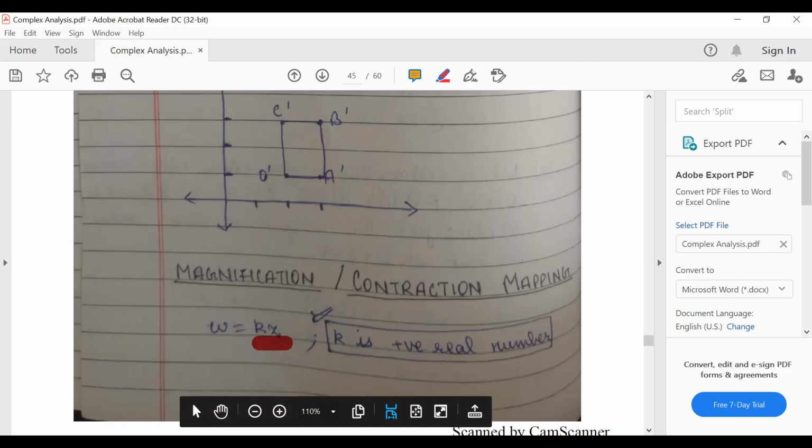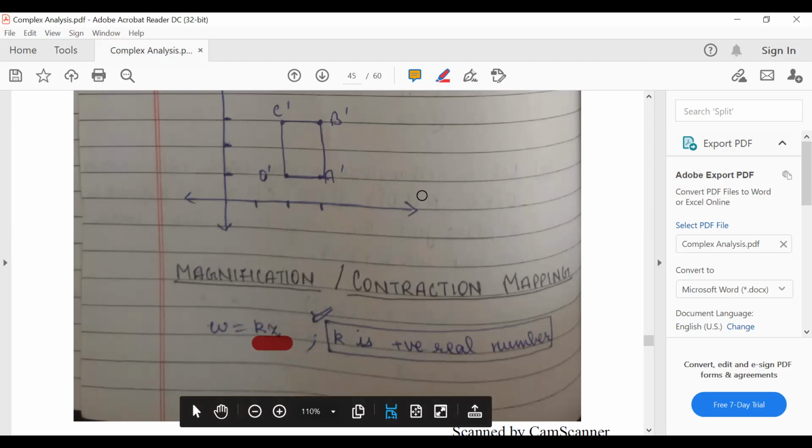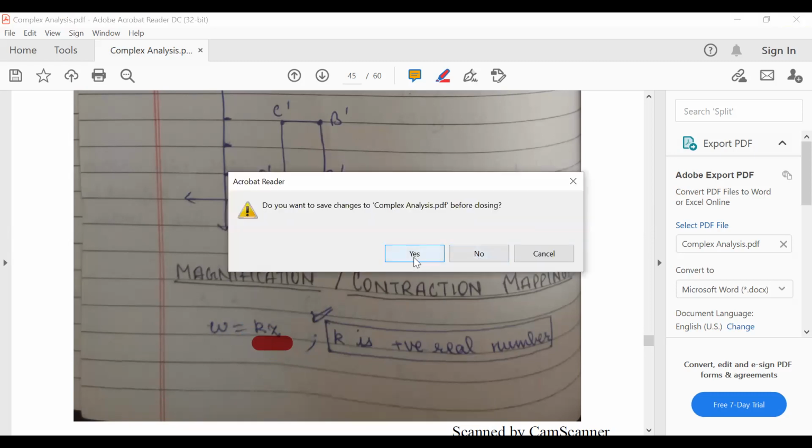Now, according to the values of k, it will become magnification or contraction. So what is the meaning of magnification and contraction here?